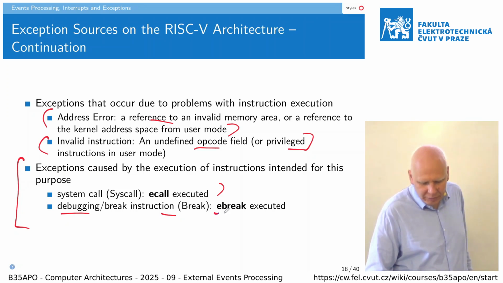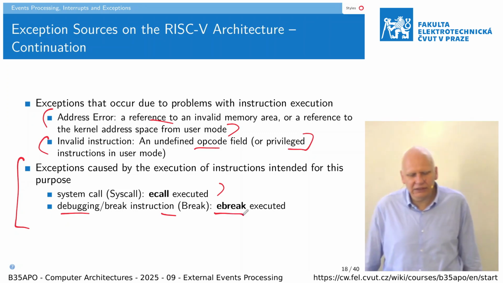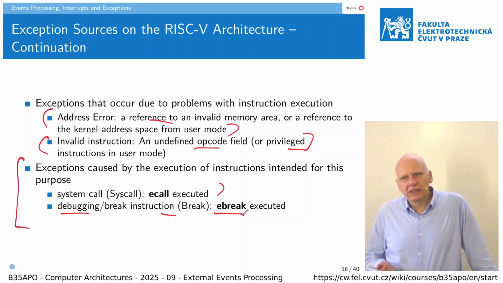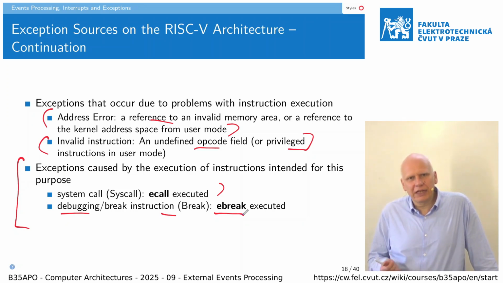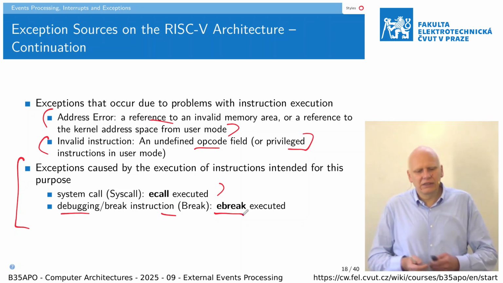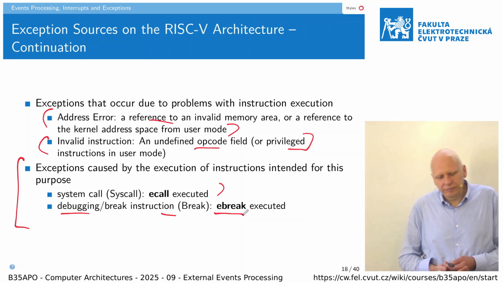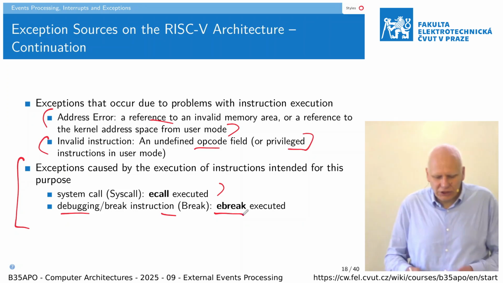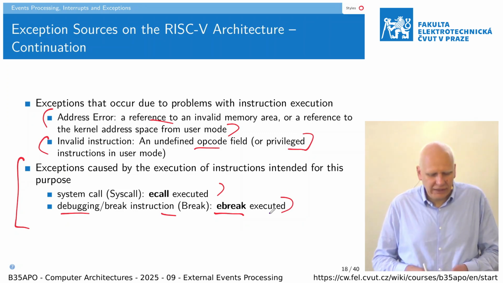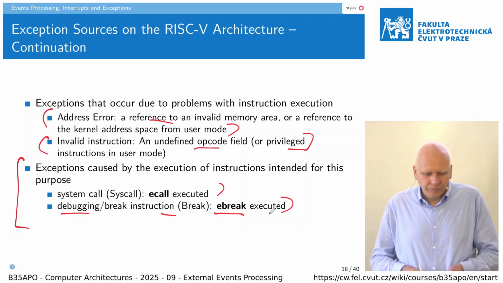But in a real processor, that eBreak instruction would cause an exception, which can be recognized by the operating system. And if there is a debugger, then it informs the debugger that the debugged program has reached the inserted breakpoint and so on.